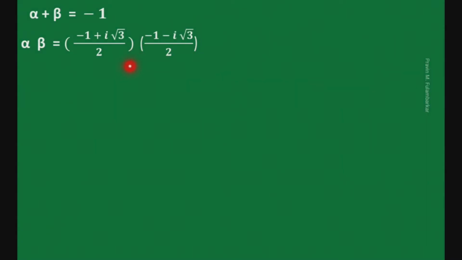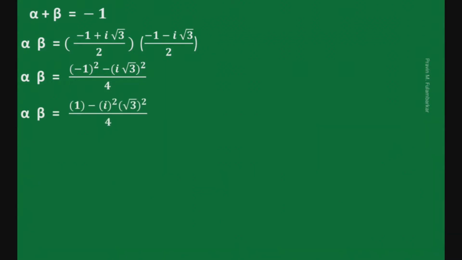So we find alpha into beta. You use the same concept, that is we multiply numerator terms with numerator terms, denominator terms with denominator terms. So 2 into 2 we write 4. In the numerator we use the a square minus b square form. Here the value of a is -1, the value of b is i root 3.